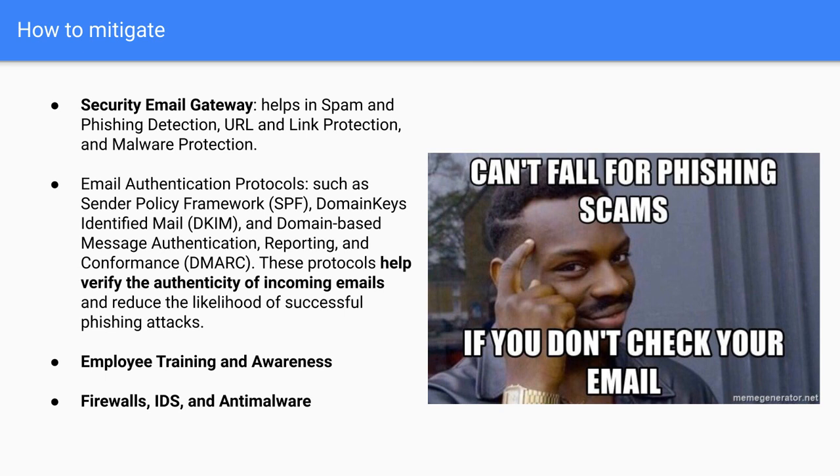It will look at the addresses that are sending or receiving that email, it will look at the content, and it will look at the attachments. Having such a solution on the perimeter of our environment will help us filter out most of the phishing emails that our environment will receive.